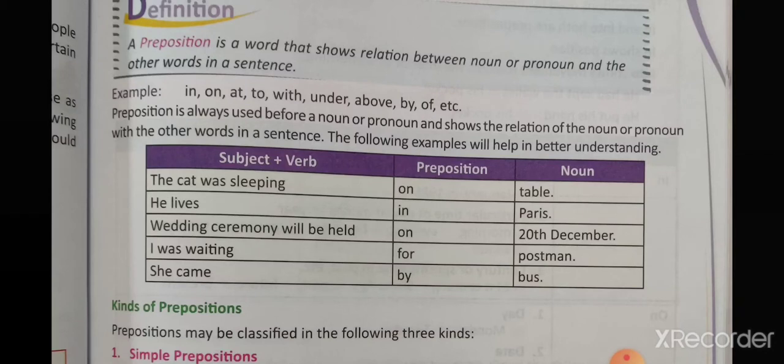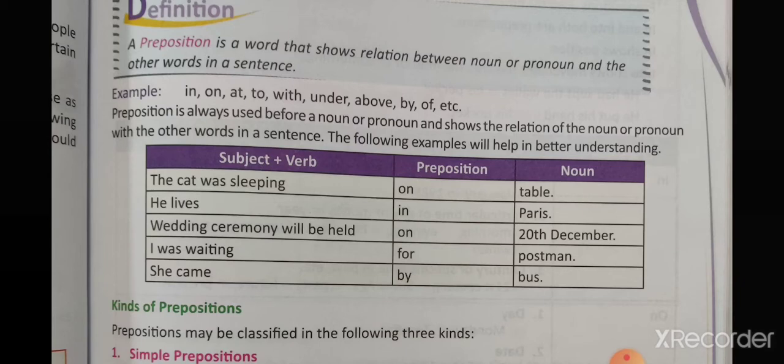With the preposition in. The wedding ceremony will be held on 20th December. When will the ceremony be held? On 20th December. So the wedding ceremony and 20th December are connected to each other with the help of the word on, which is a preposition.